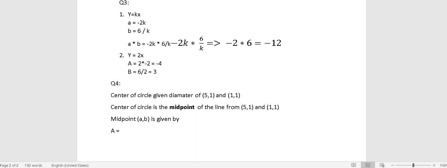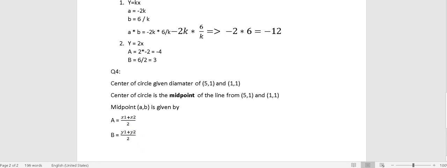Yeah. Oh my, I'm really bad. Okay, x1 plus x2 divided by 2. And B is given by, you guessed it, y1 plus y2 divided by 2. You get to learn this in like 10th grade math, but for those of you guys that haven't reached there, I'll give it to you right now.